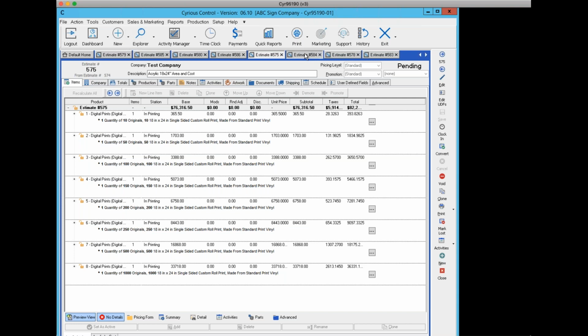The next estimate, number 584, is exactly the same, but with discounting in effect. These two are both based on acrylic, and the last two are the same kind of thing, with and without discounting, but the substrate is aluminum. These last two pairs are the ones that have the handout in Control.